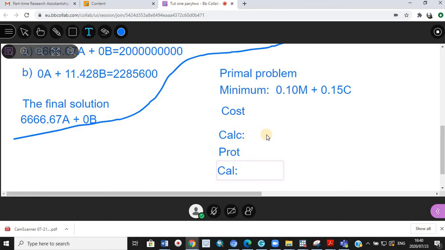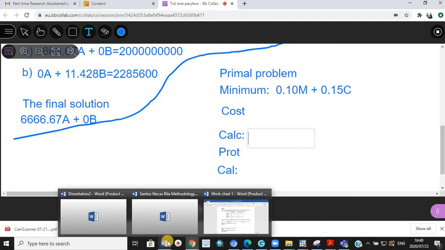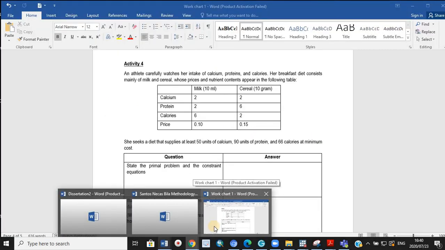Very good. So the question is, what are the quantities of each of these? In other words, what is the quantity of calcium that the milk in the athlete's breakfast must have, and what is the quantity that the cereal must have, to make the overall?